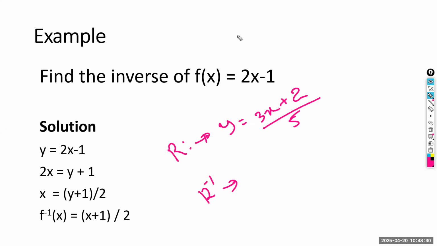What is the answer? You can write the inverse function also as y equals r inverse. Anyone got it?